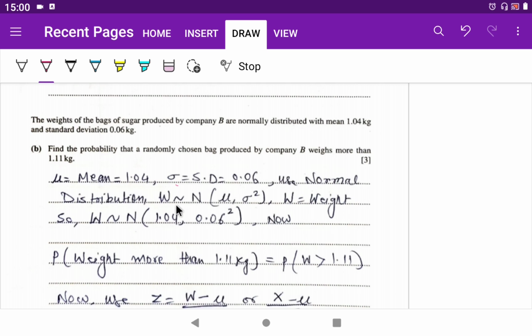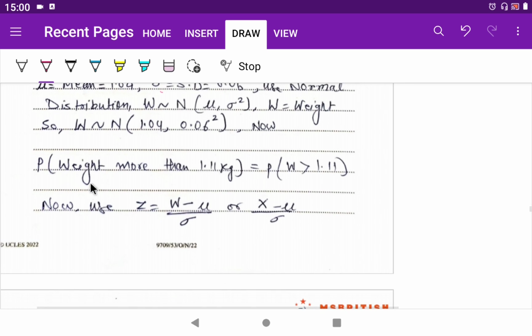Use the normal distribution. W is the weight, so W follows N(mu, sigma squared). Now we can use P(weight more than 1.11 kg), that is P(W greater than 1.11 kg).